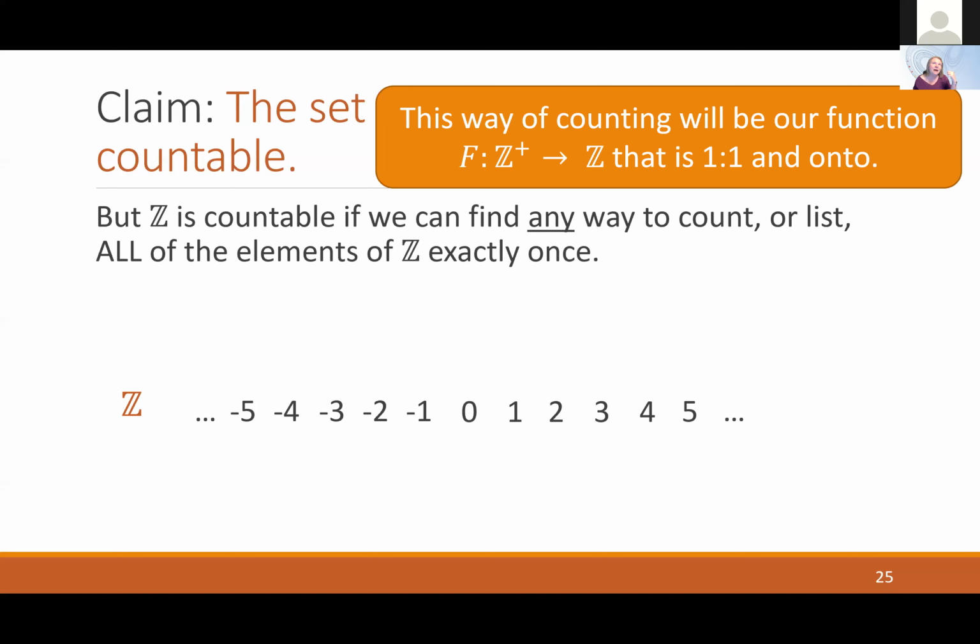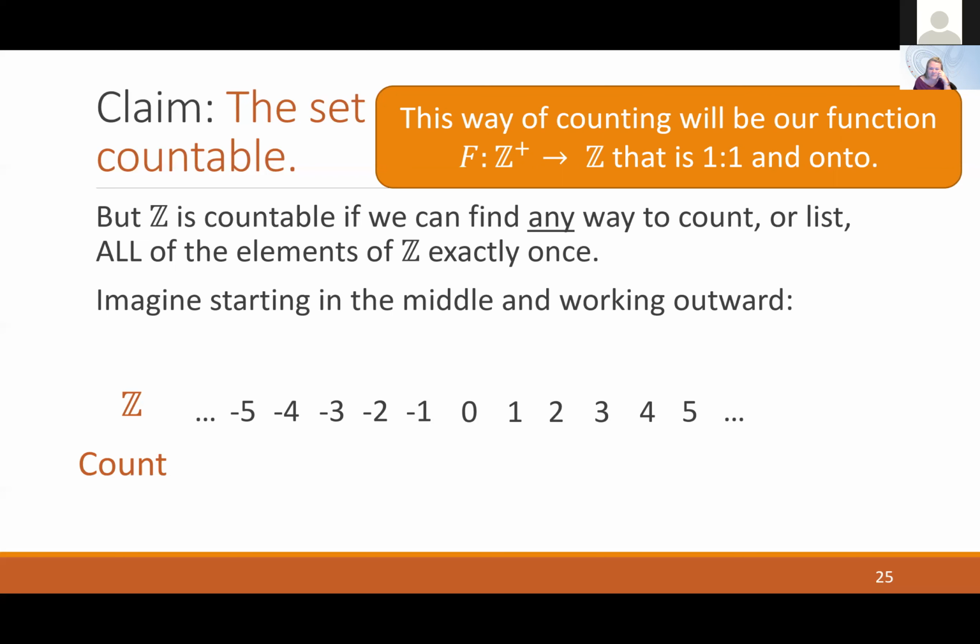Just like the seats and the students in the auditorium, there wasn't a mathematical function, but there was a way we could say that all of the students were in a seat and there were no seats that were unoccupied. This is going to be somewhat similar. There might be a neat and tidy function that would do this mapping for you, but I wouldn't expect you to come up with it.